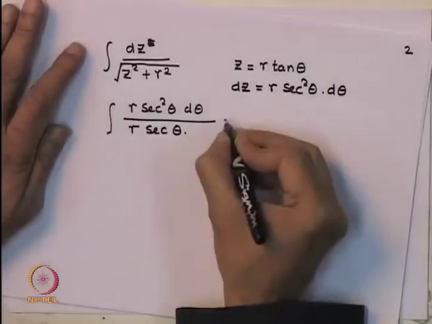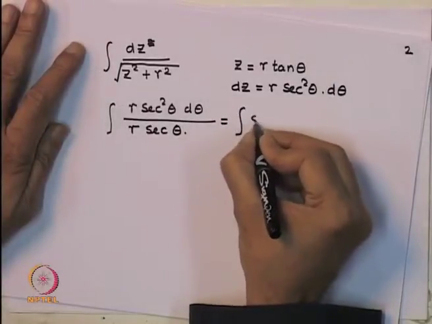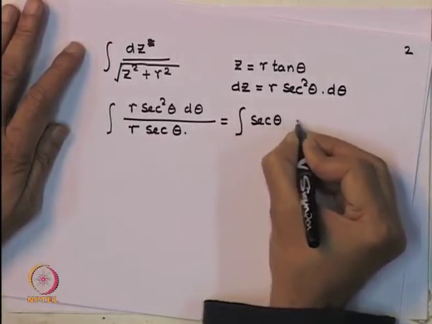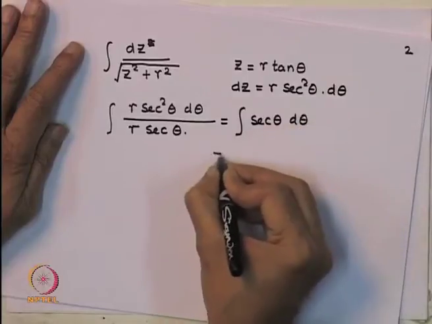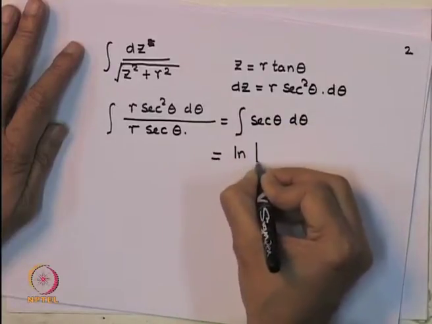So, this is simply an integral of sec theta, which we know is given by log of tan theta plus sec theta.